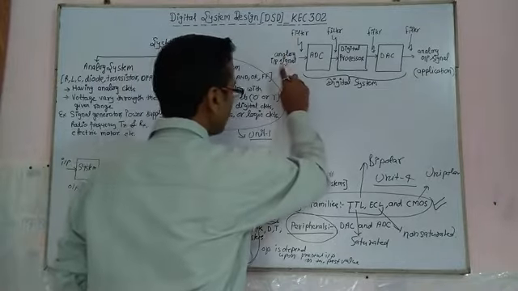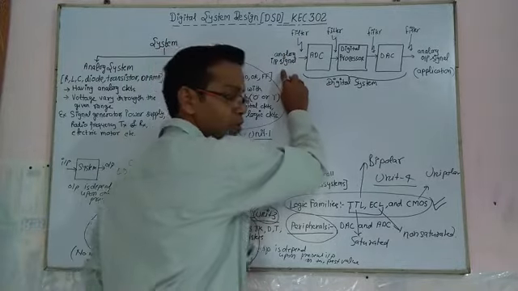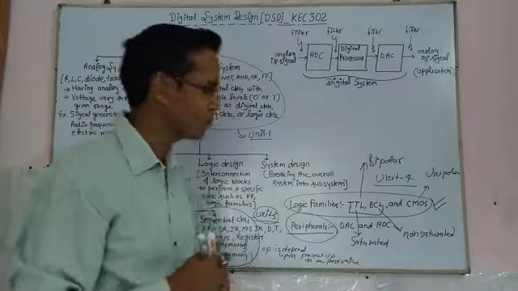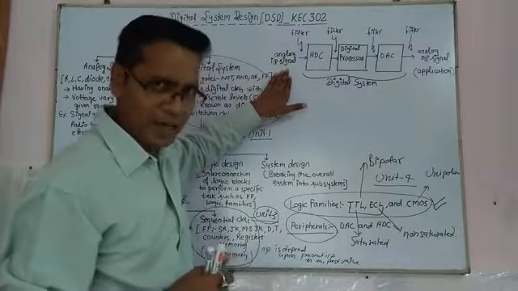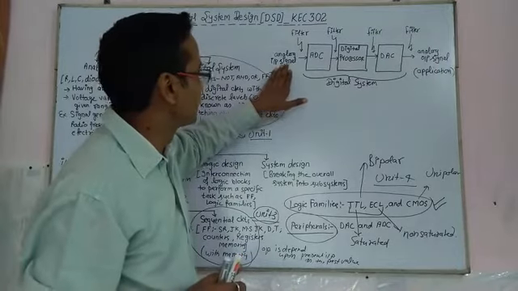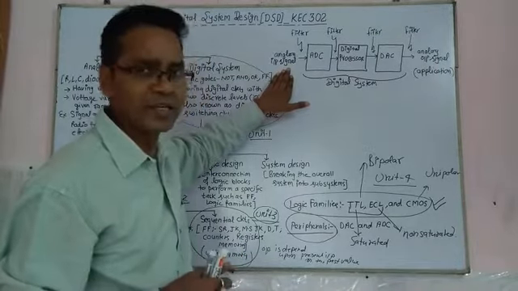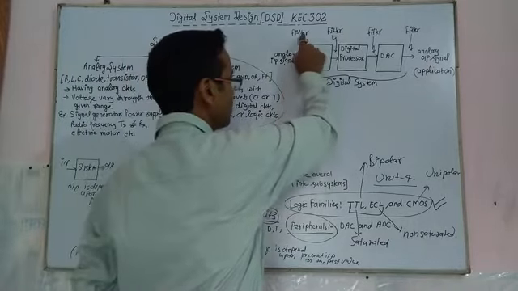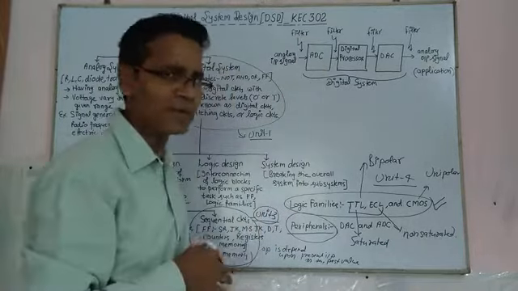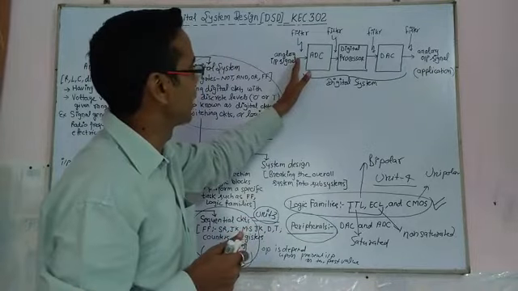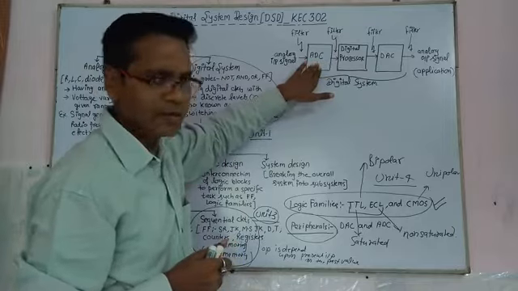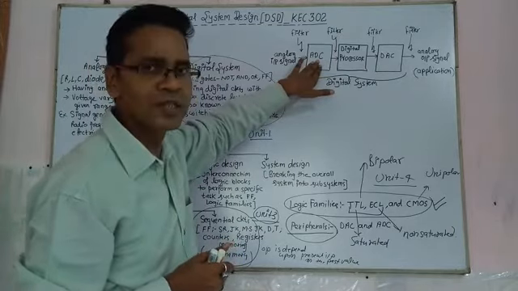Now you have an analog input signal given by, for example, a camera. The camera will take an analog signal, and this analog signal has a lot of noise, which we will remove using a filter. After this, we will apply this analog signal to a converter, that is an analog to digital converter.